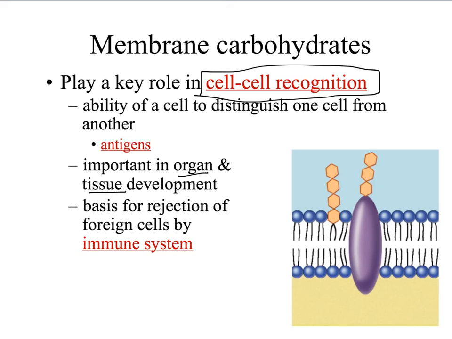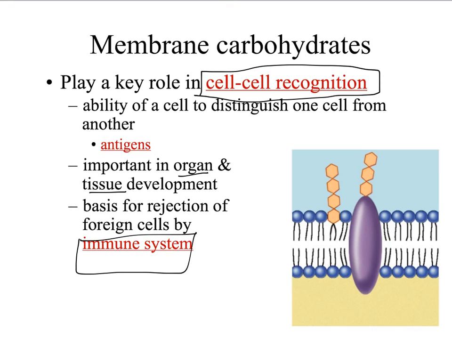Another major thing that the carbohydrates, or the glycoproteins, do is spark the immune system. If a cell comes in and its glycoprotein doesn't match the glycoprotein of a cell that's next to it, then that will start up your immune system. It's your body's way of identifying foreign cells, or cells that should not be in your body.